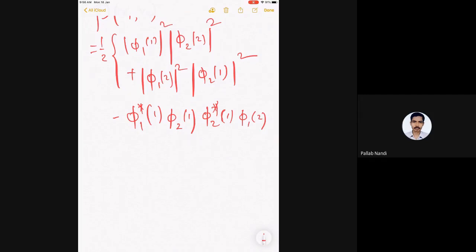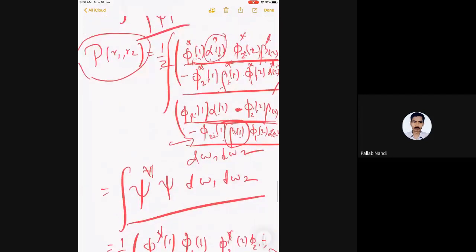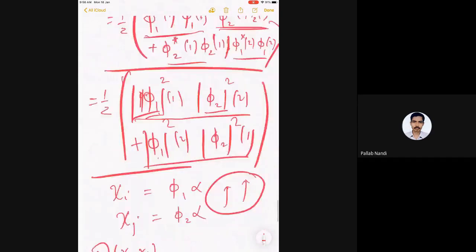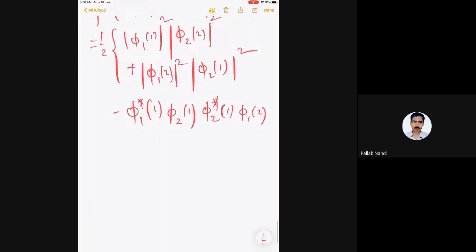If you look at the other term, which is this into this, it's exactly the same: phi 2 star 1, phi 1 1, phi 1 star 2, phi 2 2. So I can just write the exchange part in this manner, otherwise the same.